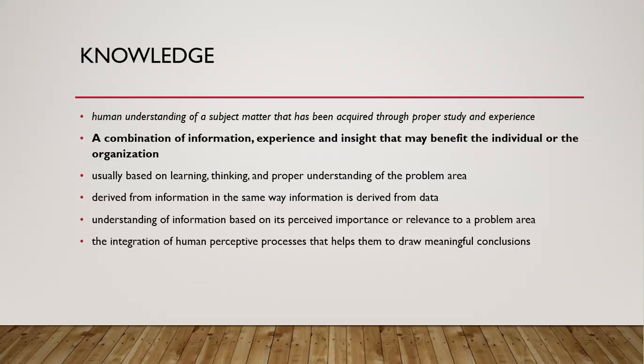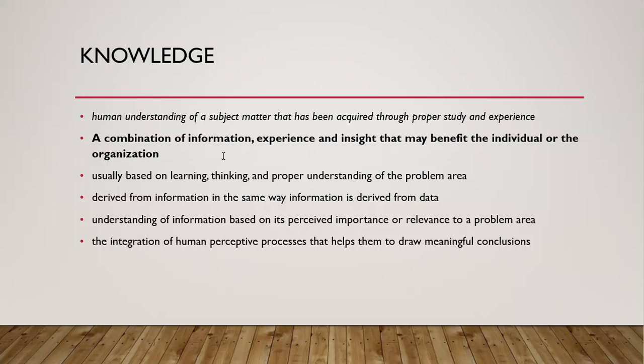Next, we move to the third term. Just now we have data, we have info, the definition for data, the definition for info. Now we go to the definition of knowledge. Knowledge can be defined as human understanding of a subject matter that has been acquired through proper study and experience.